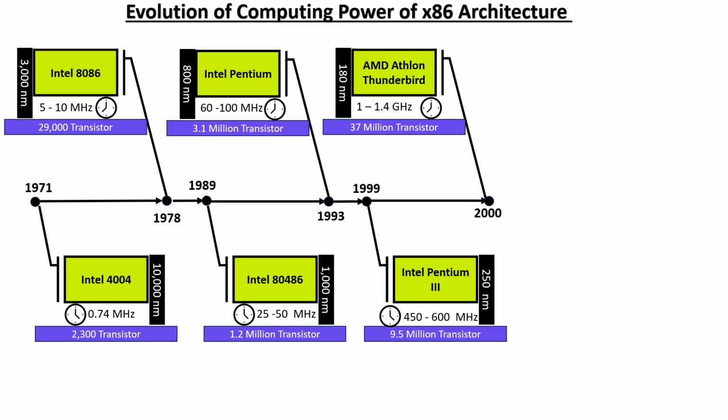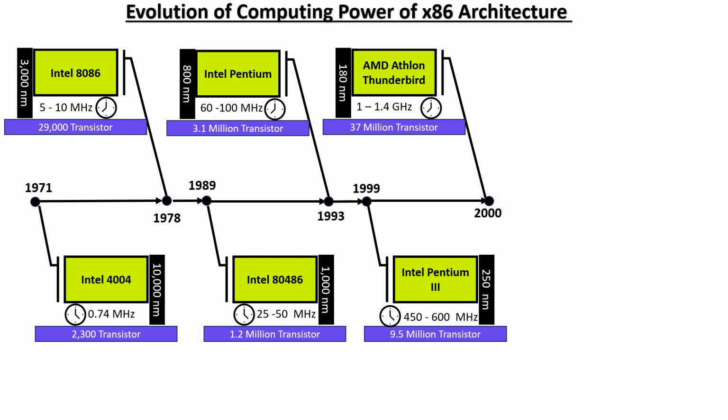At the time of introduction, it was a very great achievement in CPUs. It has 37 million transistors and 180 nanometer is the working space for these transistors.